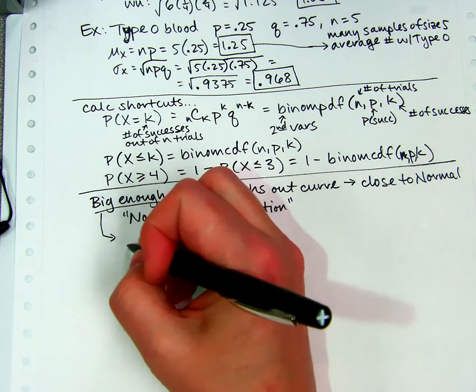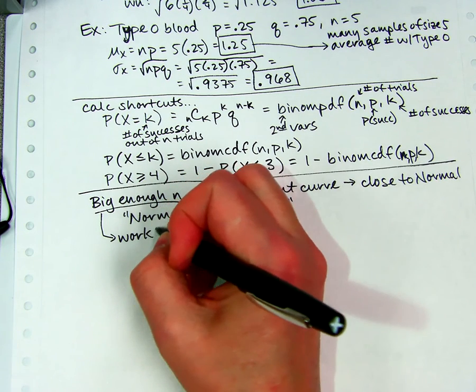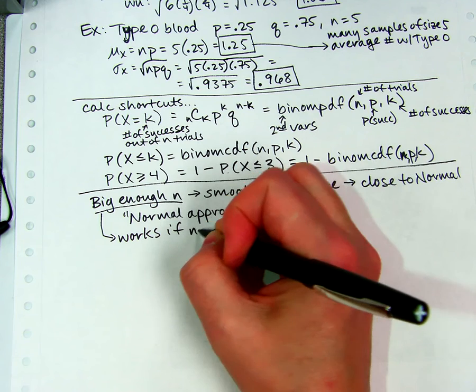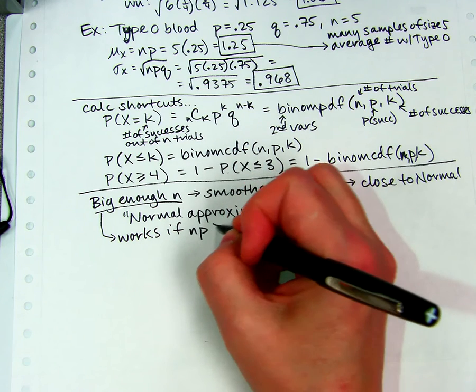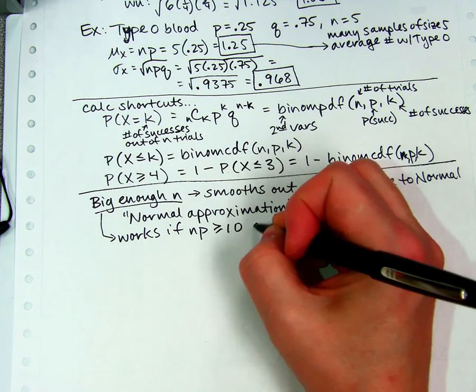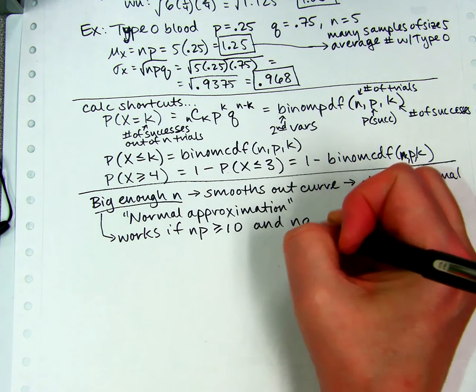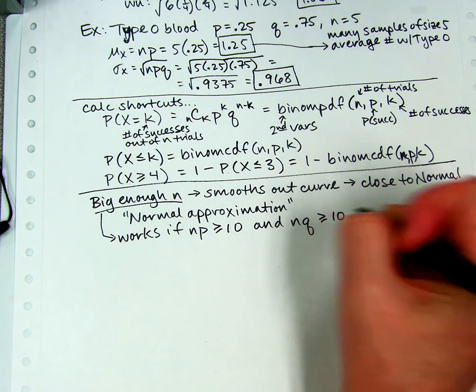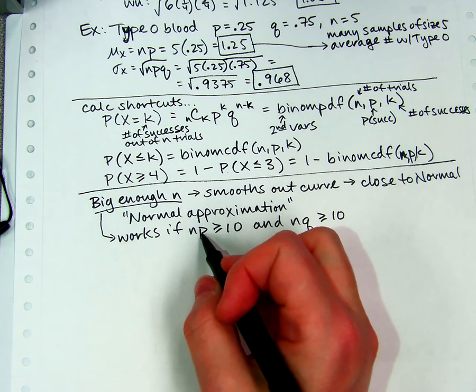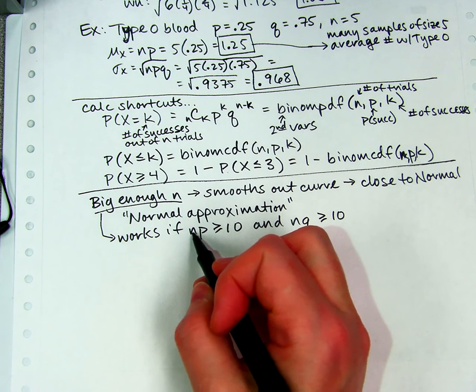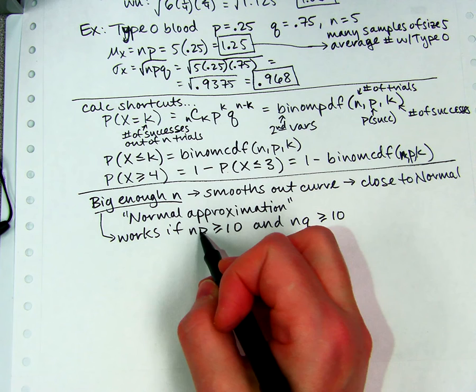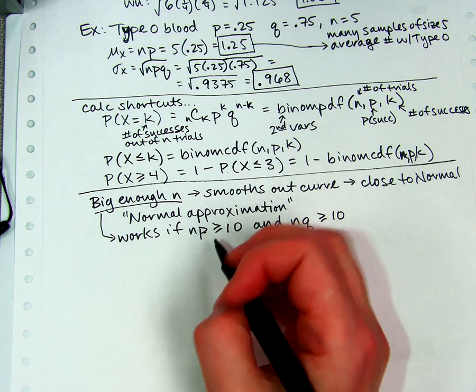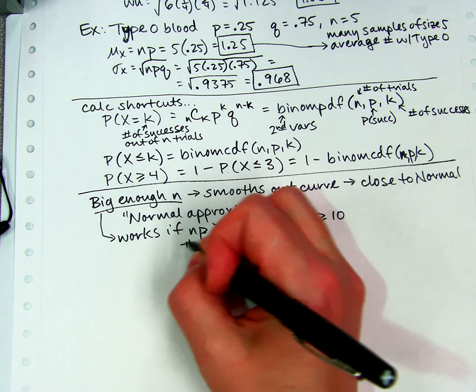Big enough, this works if n times p is greater than or equal to 10 and n times q is greater than or equal to 10. So let's think about this. n times p, what is that? That's the number of trials times the probability of success, which is the average number of successes, or you just say number of successes.